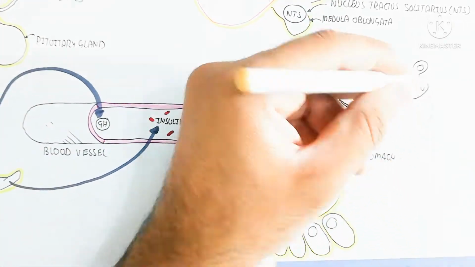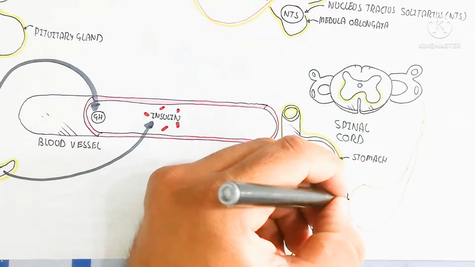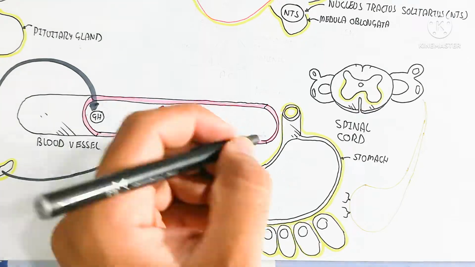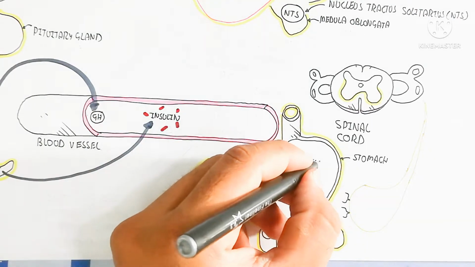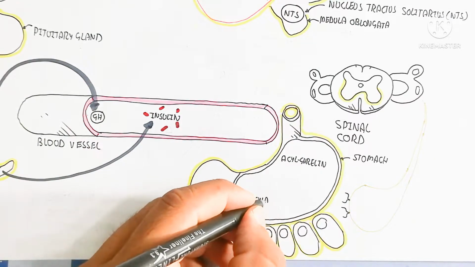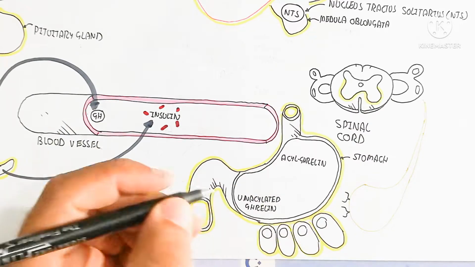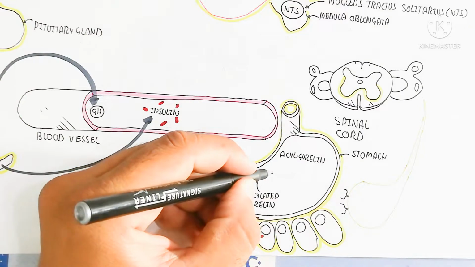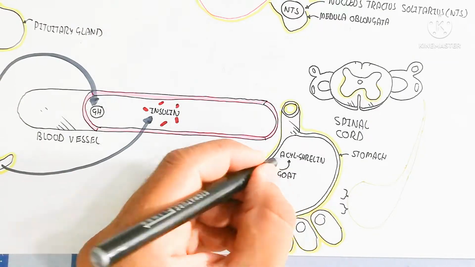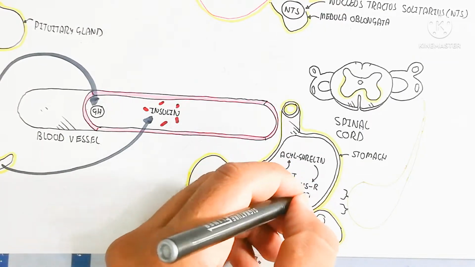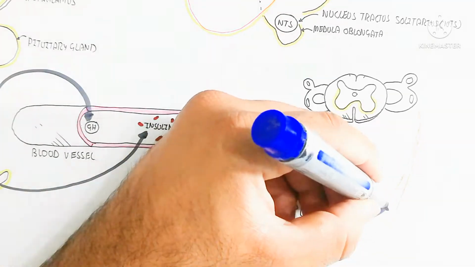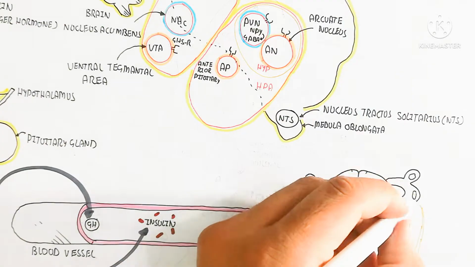This is the spinal cord, and this is the stomach with the enteroendocrine cell, and basically the vagal nerve, where ghrelin receptors are present. The acyl ghrelin will bind. The unacylated ghrelin is converted by the ghrelin O-acyltransferase enzyme to produce acyl ghrelin. It will target the nerve, and this nerve is the vagus nerve.